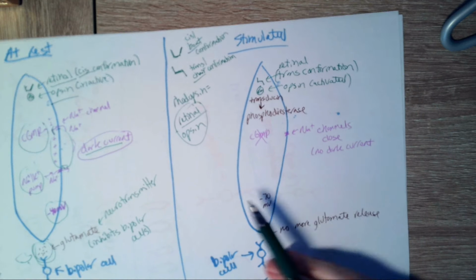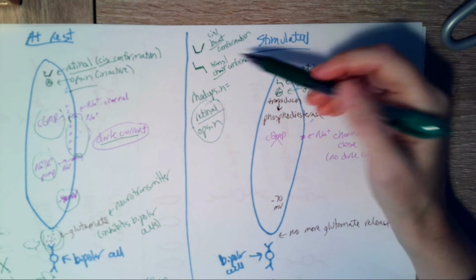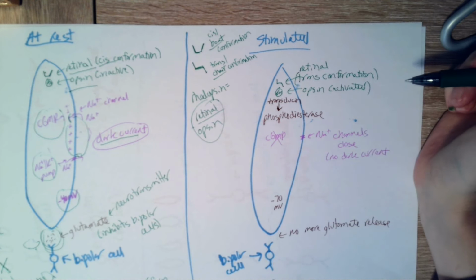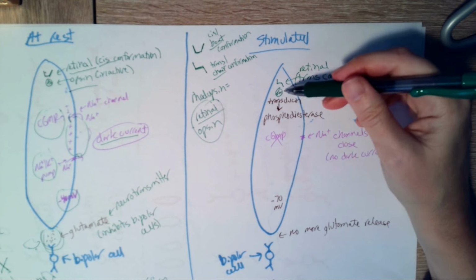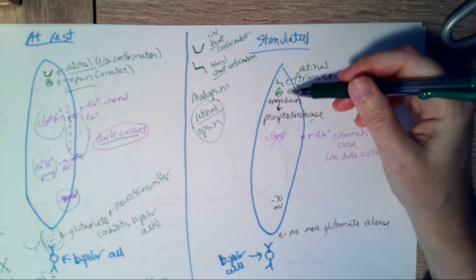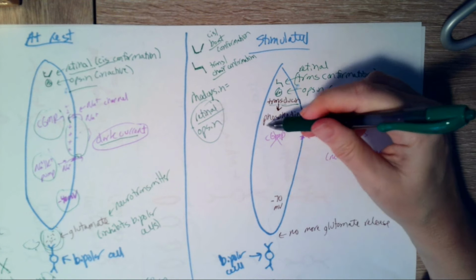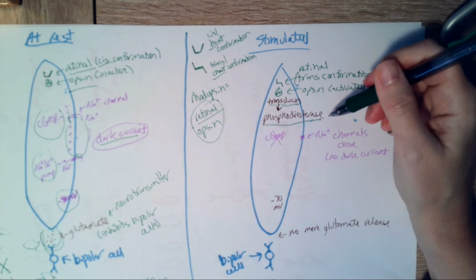When you open your eyes to see something, the photon of light comes into your eye. It changes the shape of the retinol to transconformation. Once that retinol changes to transconformation, it activates the opsin. Opsin activates this enzyme here, transducin, and transducin activates phosphodiesterase. And we've seen phosphodiesterase before.